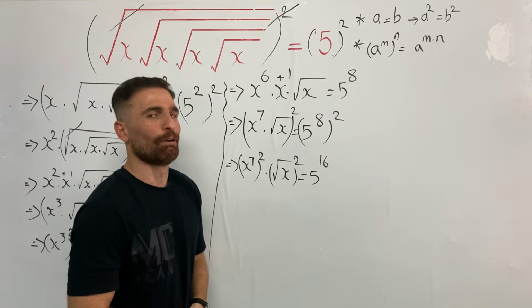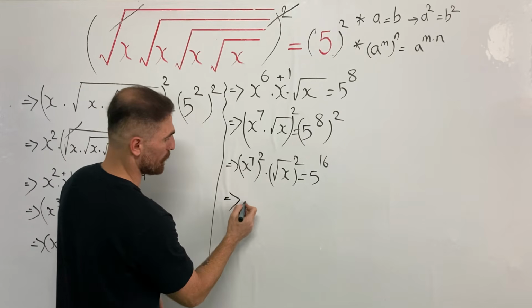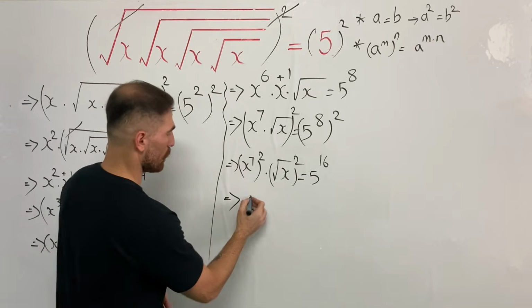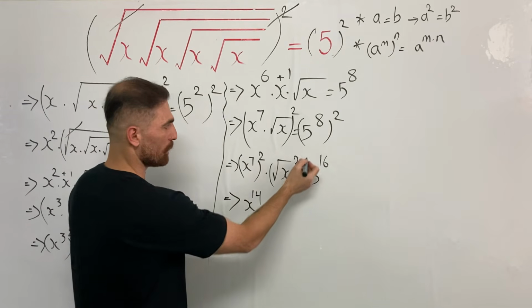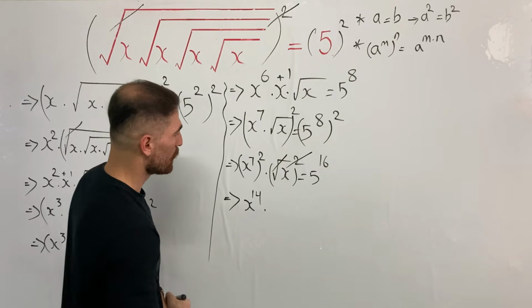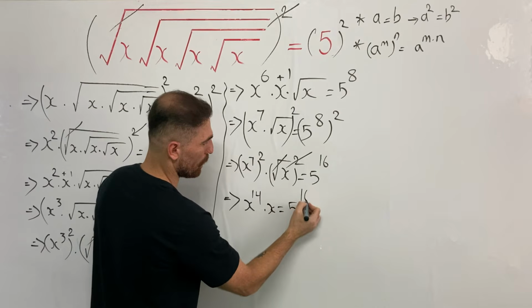Until here, alright. Now, let's see what do we have. X to the power of 7 raised to the power of 2 is 7 times 2, 14 times these two as exponent. These two as root can be cancelled off equals 5 to the power of 16.